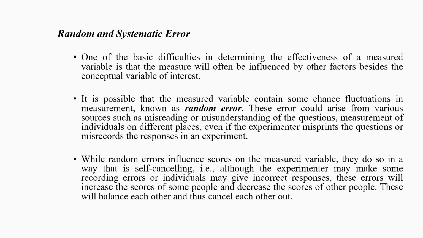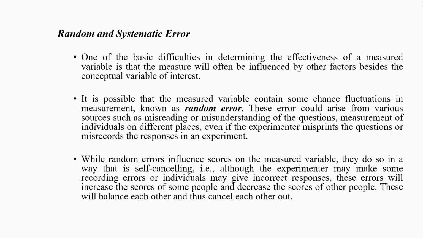So, it is possible that the measured variable contains some chance fluctuations in the measurement, which we call random error, which could arise from various sources, such as misreading or misunderstanding of the question, or measurement of individuals in different places. Say, for example, you take a test in a particular classroom and then you take a test in a different classroom where the temperature etc. are very different, the conditions are different, and the performance of the participant varies.